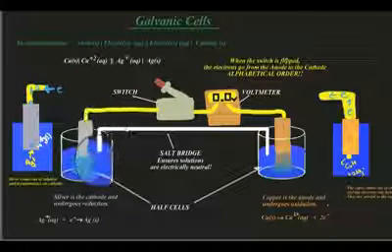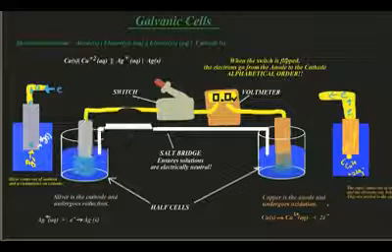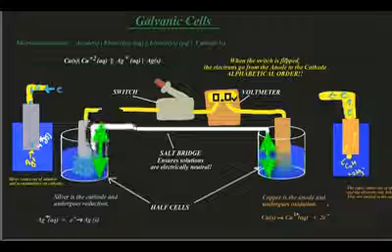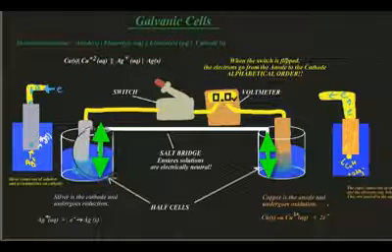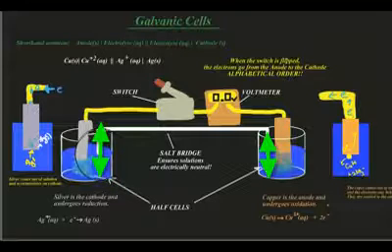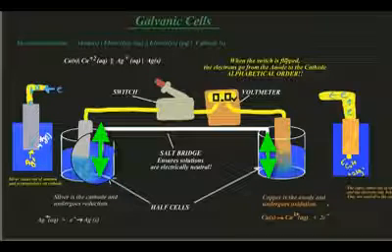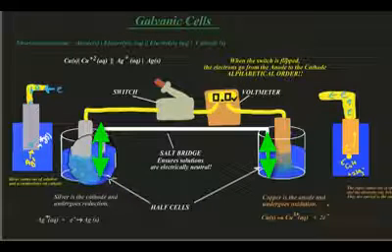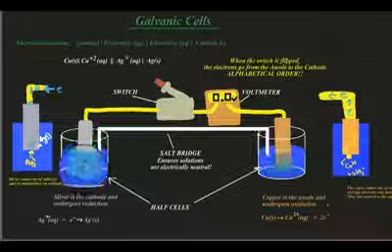A salt bridge contains ions. It's a porous material, allowing ions to pass through, but nothing else. So, basically what will happen in this scenario, we're going to have silver undergoing reduction.